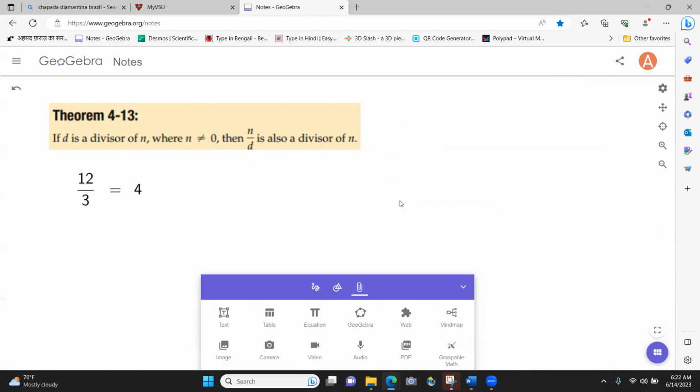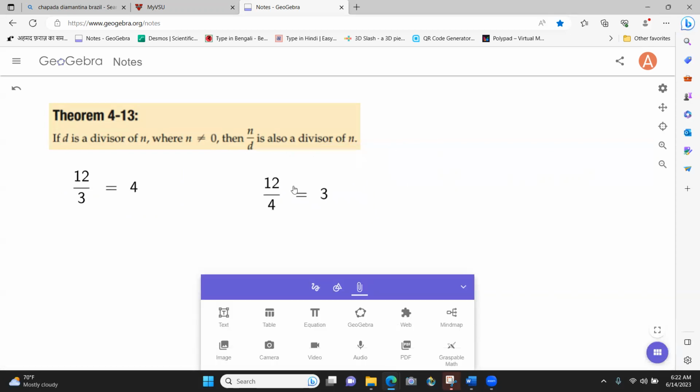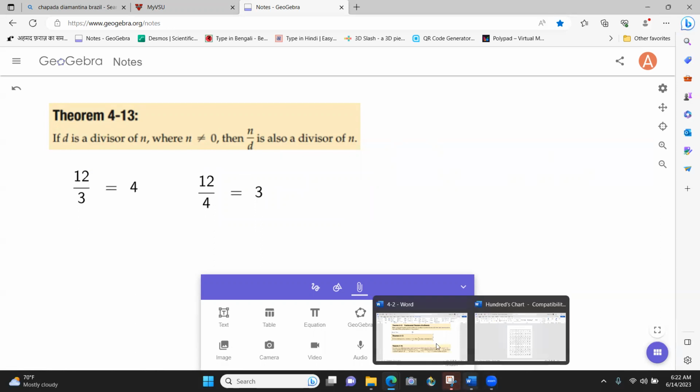Now, they're saying 4 will also divide 12. That makes perfect sense, right? If 12 divided by 3 is 4, then clearly 12 divided by 4 is 3. That's all they're trying to say. It seems very complicated, but it's not a complicated idea. Very intuitive. That's all this theorem is trying to say.